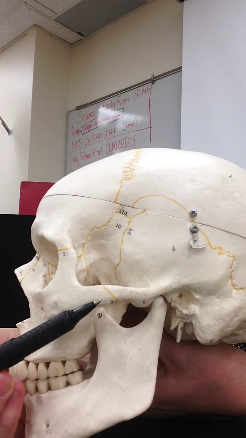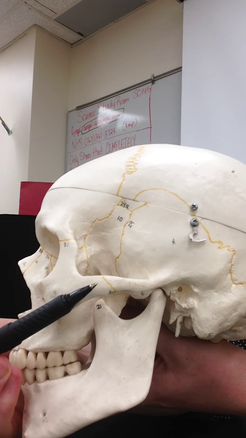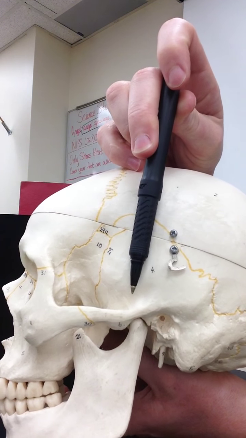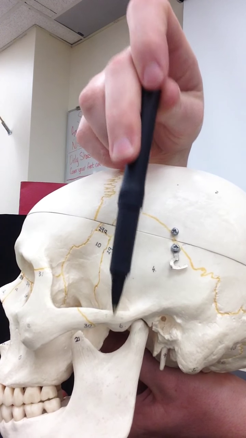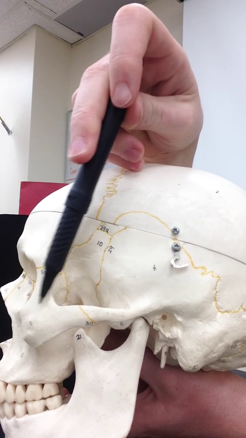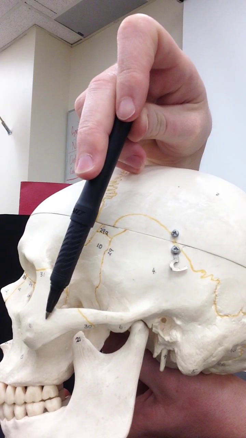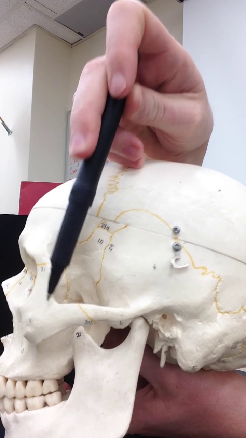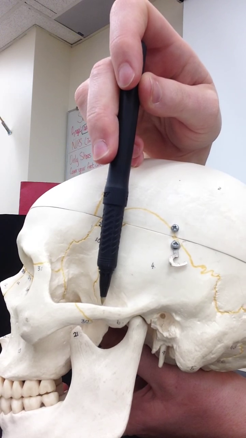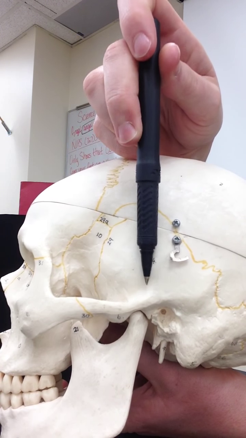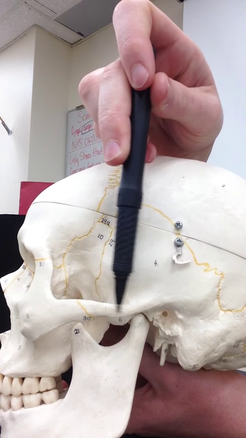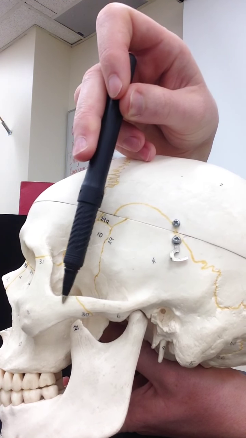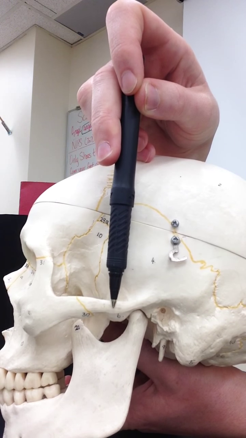It has a temporal process that articulates with the temporal bone, and your temporal bone has a zygomatic process that articulates with the zygomatic bone. These two processes, the temporal process of the zygomatic bone and the zygomatic process of the temporal bone, form the zygomatic arch. So the two processes form the zygomatic arch.